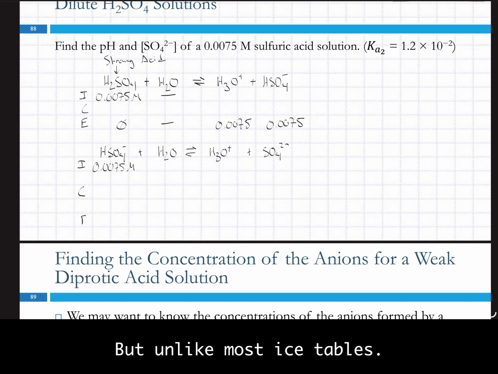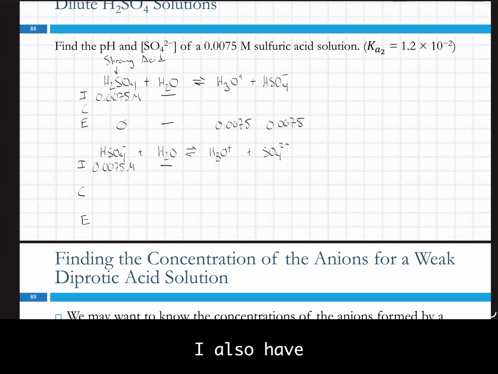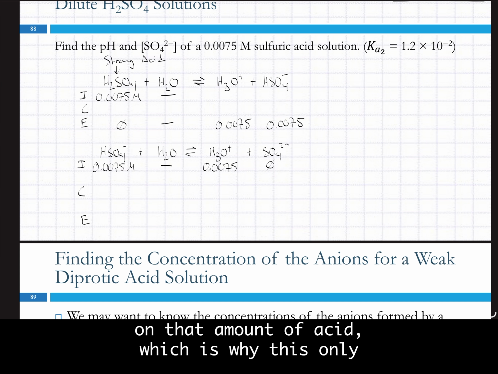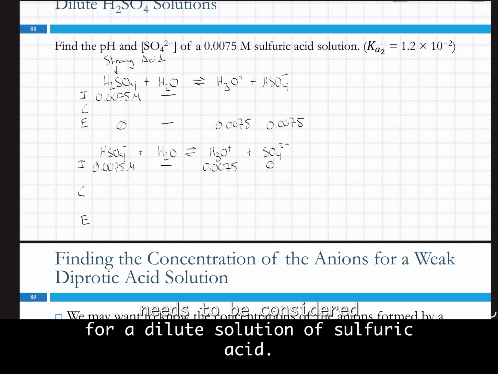But unlike most ice tables where we have a weak acid, because the second ionization is a weak acid, I also have H3O plus already present, which will still have a suppressing effect on that amount of acid, which is why this only needs to be considered for a dilute solution of sulfuric acid.